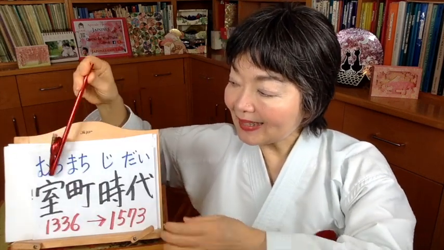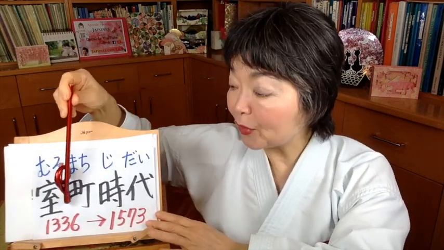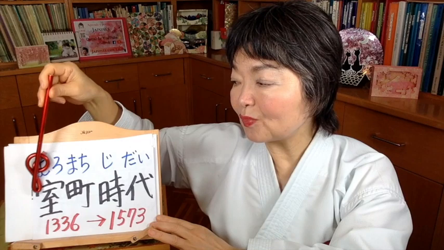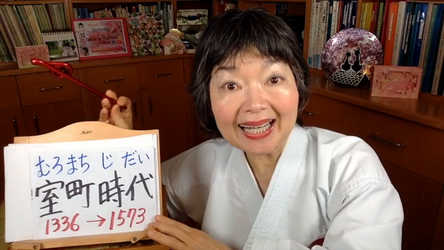And after that, Muromachi Jidai, from 1336 to 1573. In Muromachi Jidai, the very bloody period began. Lots of wars. Here, for example, a very famous person like Oda Nobunaga was born. Oda Nobunaga, have you ever heard of him?